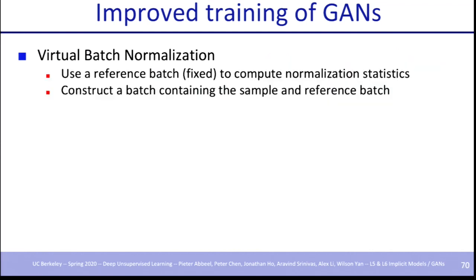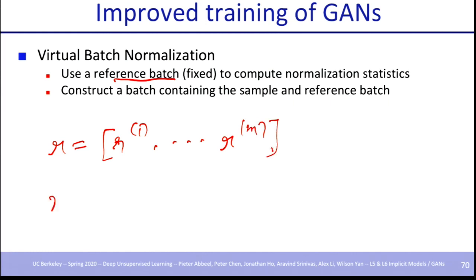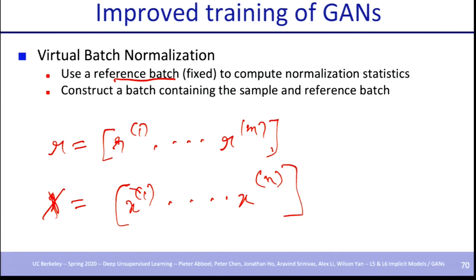And the way it works is as follows. First, we'll introduce something called the reference batch norm. So you can create a set of reference samples that are decided beforehand. Call them R1 to RM. And so for any mini batch X that you do a forward pass on, you have X1 to Xn. It could even be different sizes. So this is your mini batch.